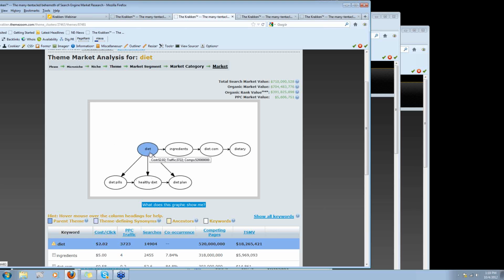And every once in a while you'll get down in a niche and it won't show you any verticals either, but that's just because there's not a keyword with a strong enough co-occurrence for Krakken to determine that it really truly does have a direct lineage associated with that market. So it just doesn't say anything.